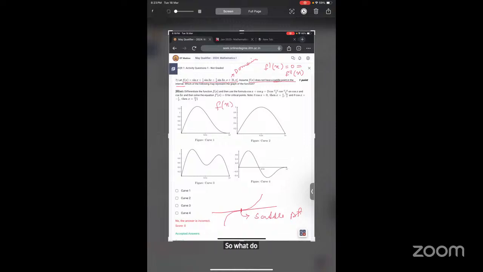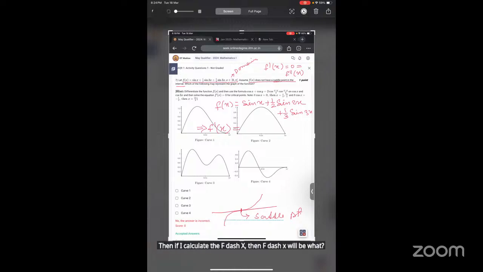f of x is sin x plus half sin 2x plus a third sin 3x, right? Then if I calculate f dash x, what will f dash x be?